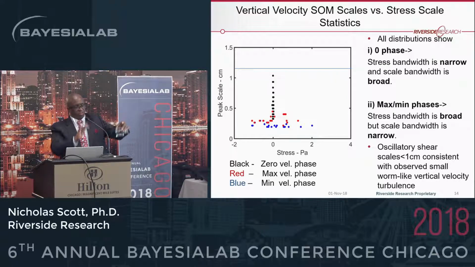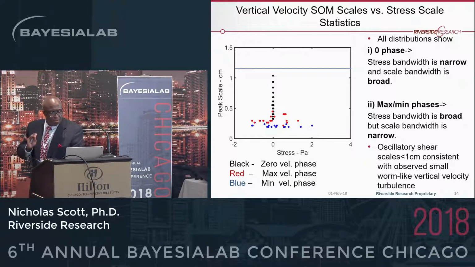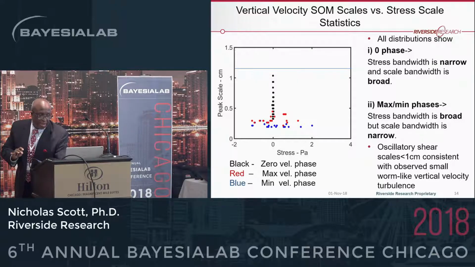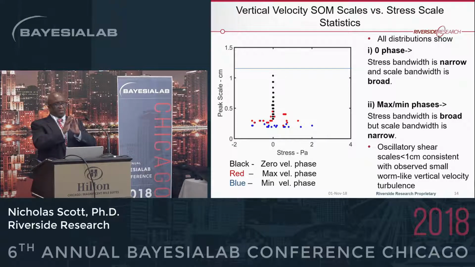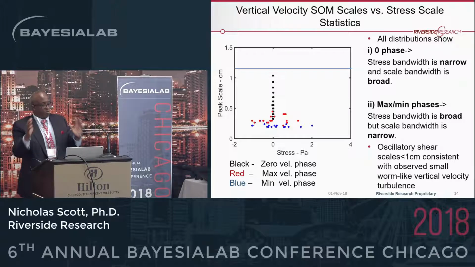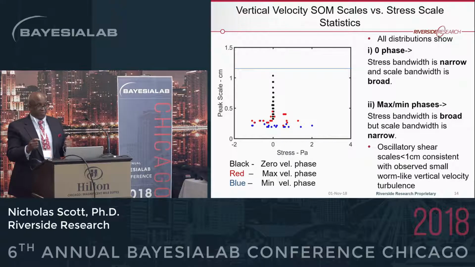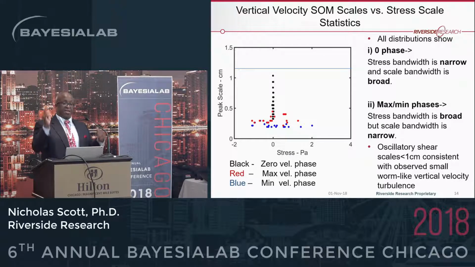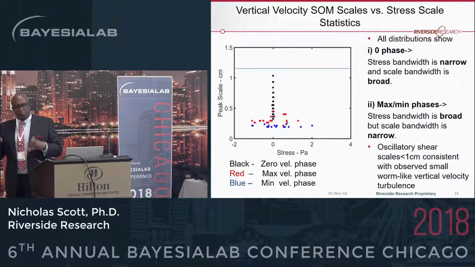You'll find that the stress bandwidth is very, very narrow, but the scale bandwidth is very large. On the other hand, at the max and min phases, it's the opposite. Stress bandwidth is broad, scale bandwidth is very narrow. Makes sense.